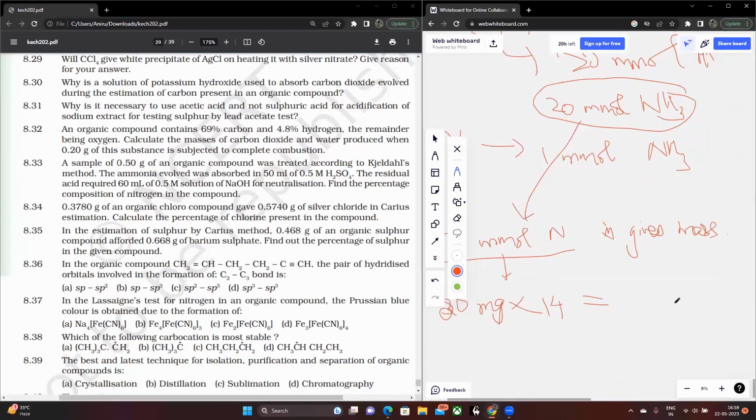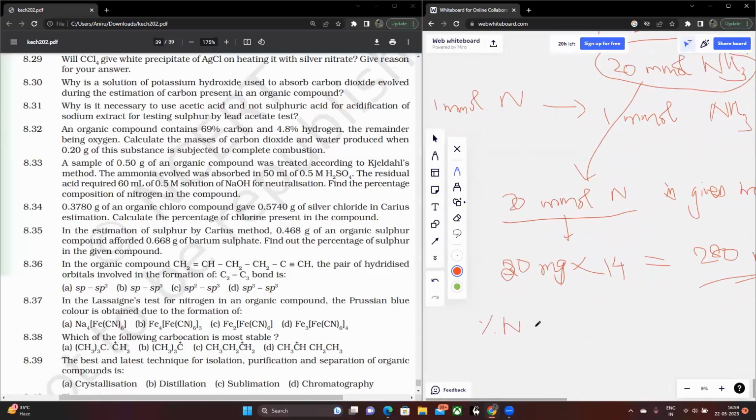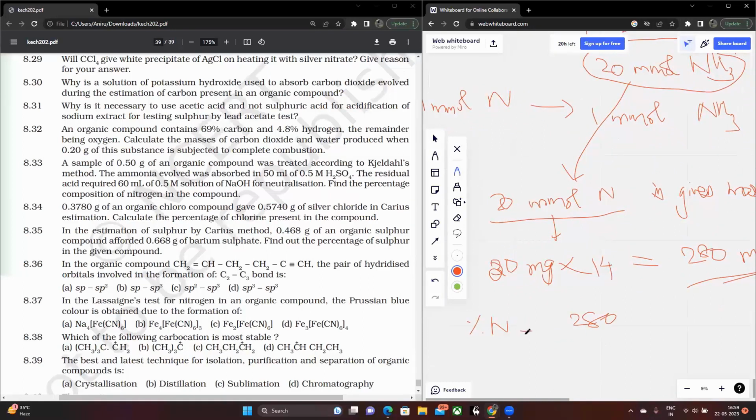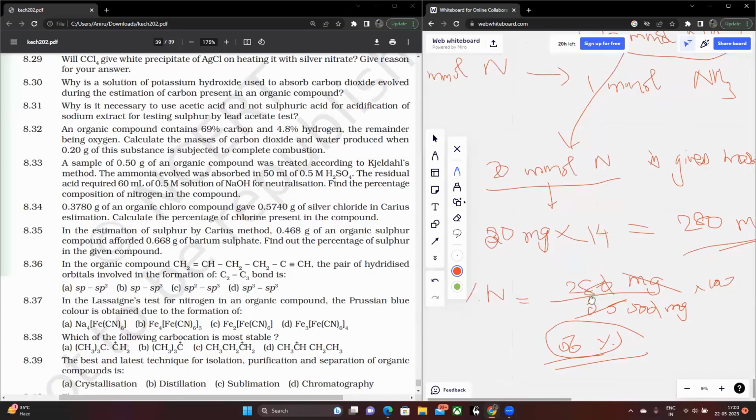That's 280 milligrams, right? Finally, percentage nitrogen is basically 280 milligrams divided by 0.5 grams, that's 500 milligrams, into 100. This is basically 56%, right? That's your answer. You have 56% of N in the compound, right?